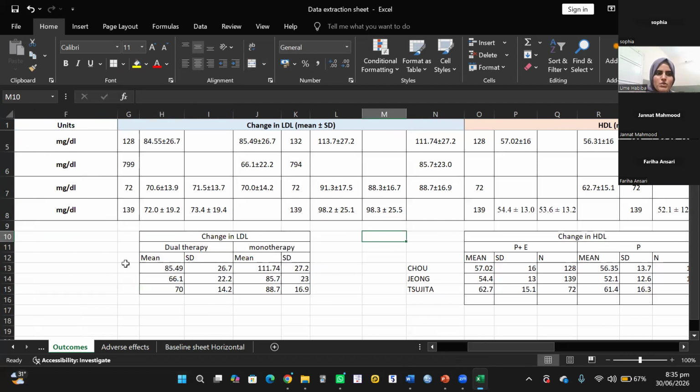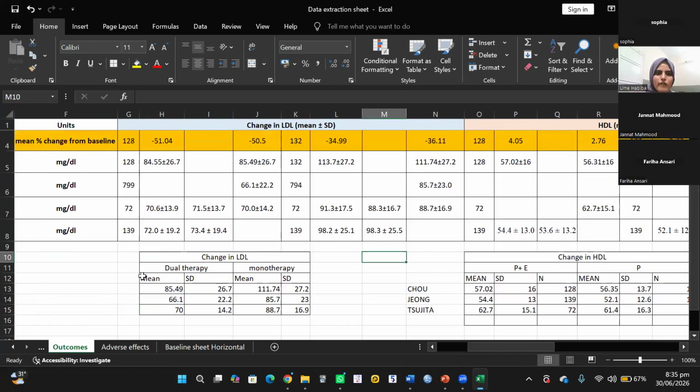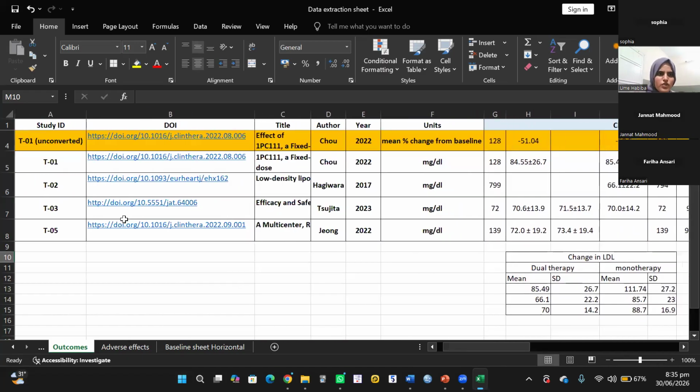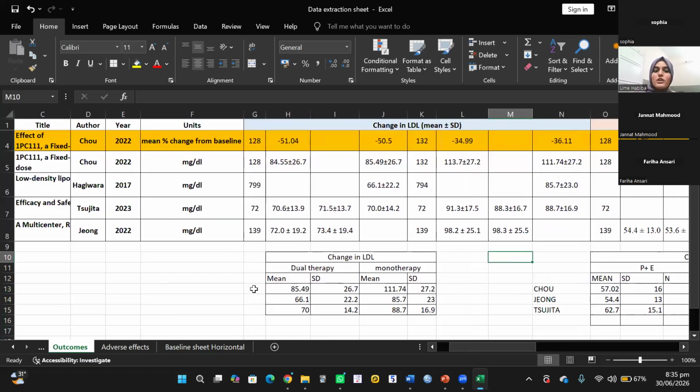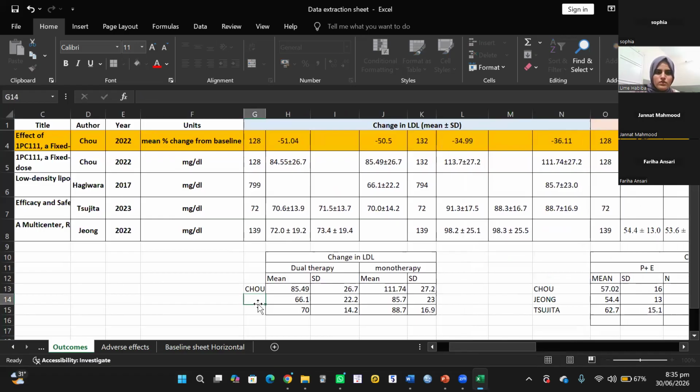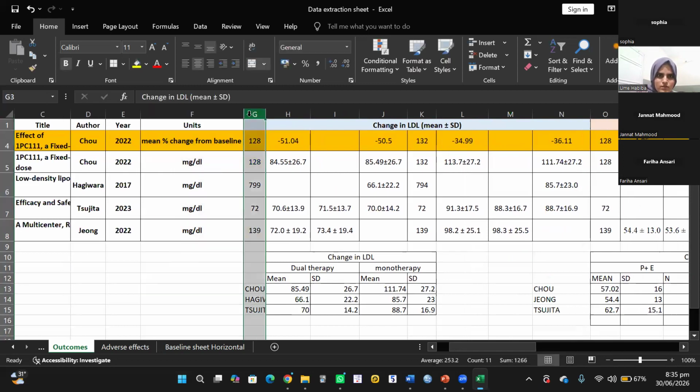Now, one thing that we missed is I have to put the name of the study here, because Revman would ask me that, right? So with the first three studies, it's Cho, Hagiwara, and Sujita. I'll just write the name so that I know which values are from which study.